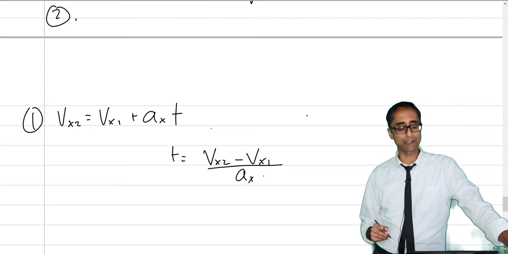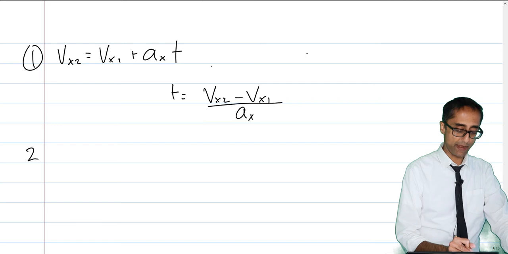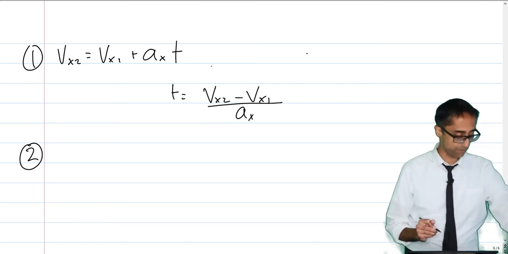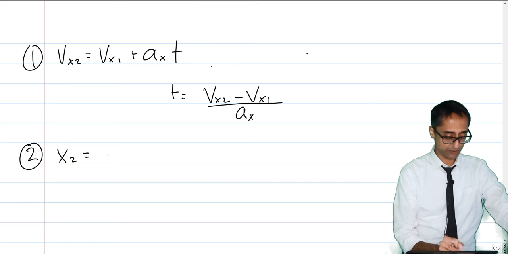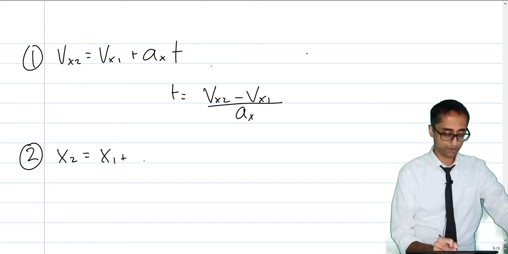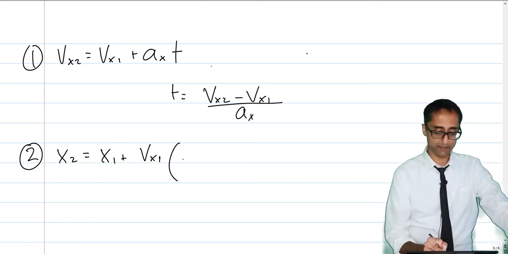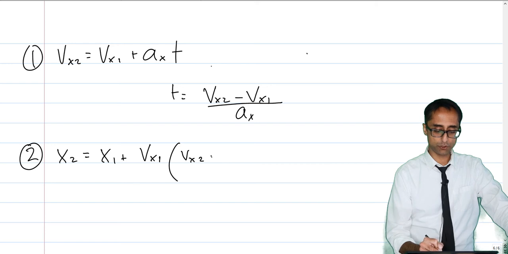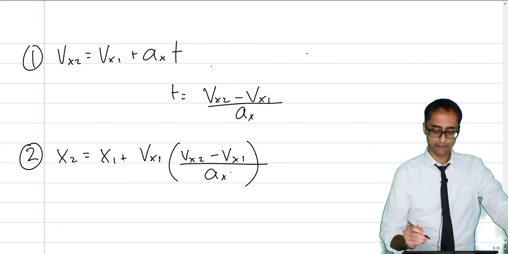And now we'll take that equation and sub it into equation 2 for every place that we have the time. And so our equation was x2 equals x1 plus Vx1 times t, and so then we multiply it by this term, Vx2 minus Vx1, all divided by Ax.